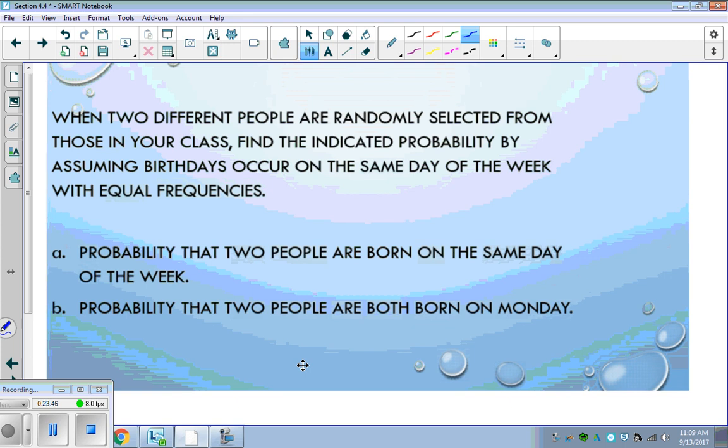The first one, the probability that 2 people are born on the same day of the week. Did I name the day of the week? Could it be Saturday? Could it be Monday? Could it be Sunday?